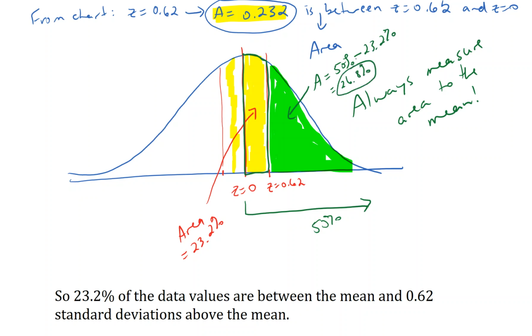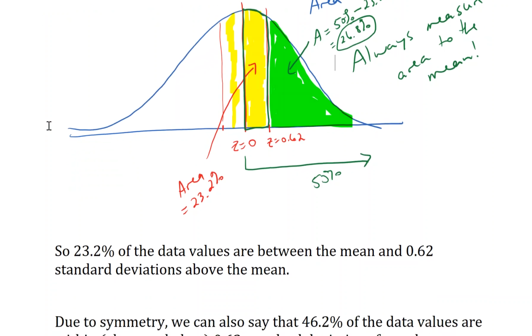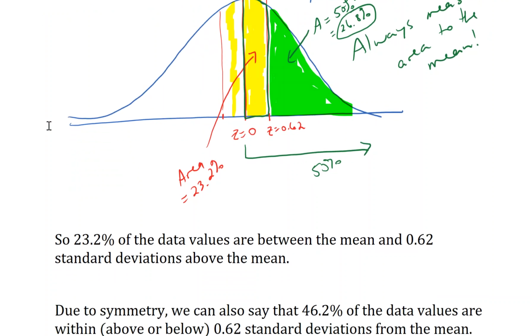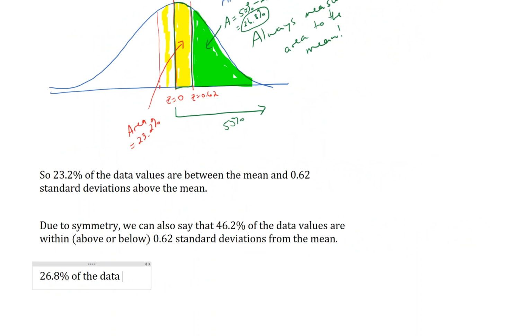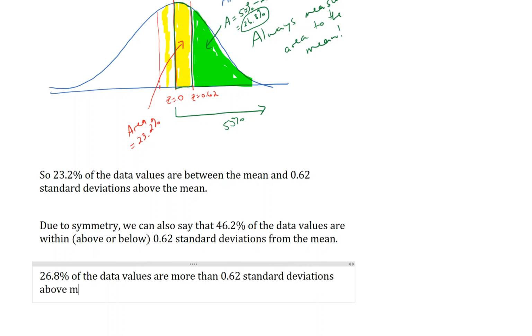So now, if we were to describe that in words, we could say 26.8% of the population, or of the data values, are more than 0.62 standard deviations above the mean.